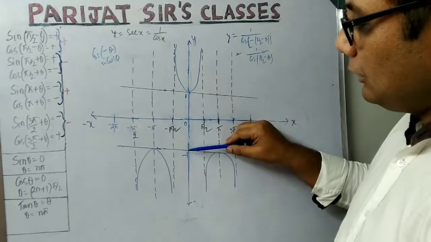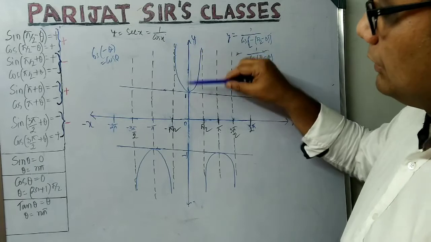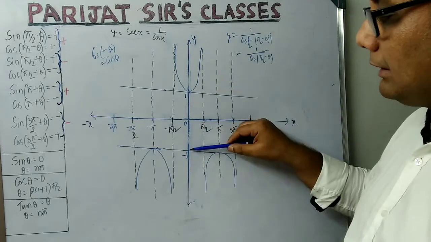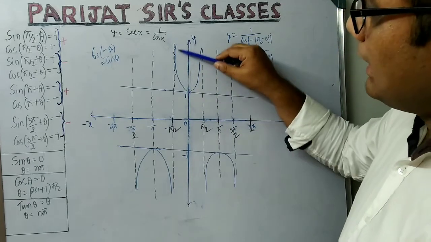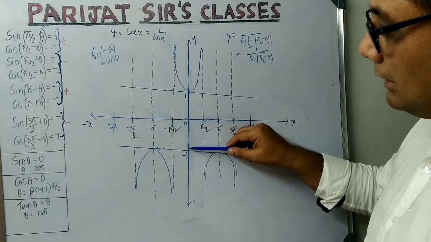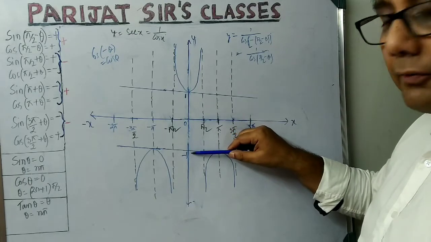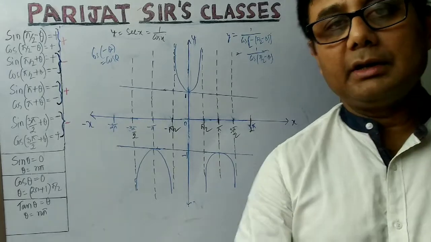So the graph starts from 1, because cos 0 is 1 and cos pi is minus 1. So the graph will start from 1 and move up following these signs. Similarly, the graph will start from minus 1 and will move down towards infinity.